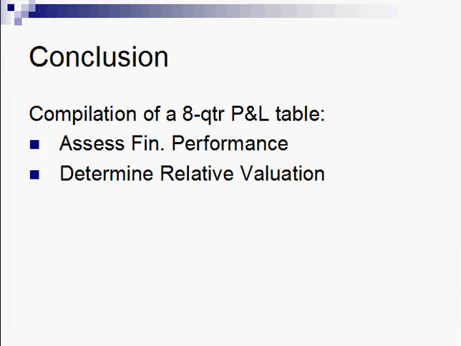My conclusion is that in this segment I've shown you how you can compile your own 8-quarter P&L table, and it is very useful for assessing the financial performance of a company in terms of that particular quarter performance, as well as to assess the full year financial performance, regardless of whether you have arrived at the financial year end of that particular company, because basically you would be looking at the rolling 4-quarter results, and then when you compare that with the preceding rolling 4-quarter result, you can actually draw a conclusion whether the company is doing better or worse off than before.